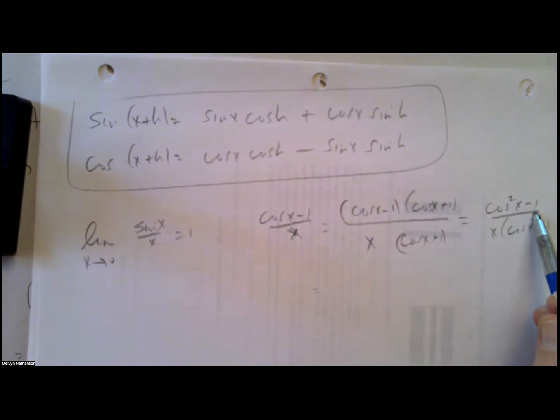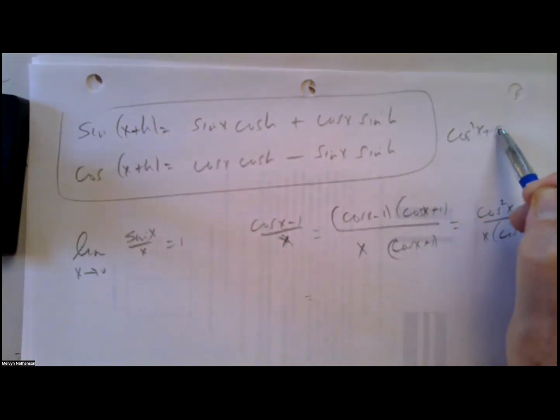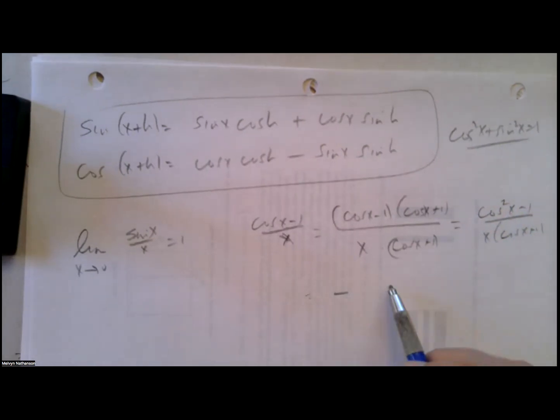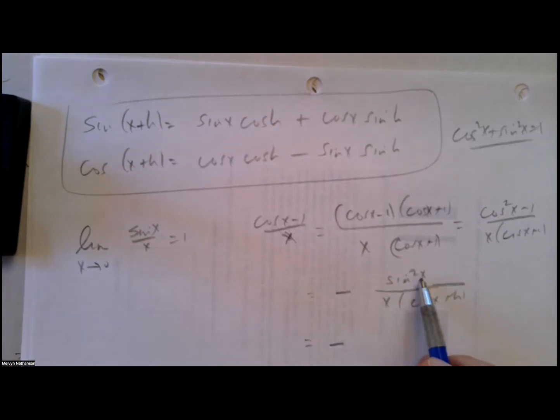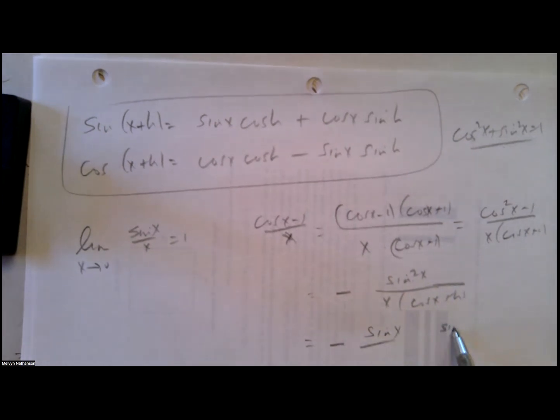What's cosine squared minus 1? Well, the most important trig identity is that cosine squared x plus sine squared x equals 1 for every angle x. So cosine squared x minus 1 is minus sine squared x over x times cosine x plus 1, which I can write as minus sine x times sine x.